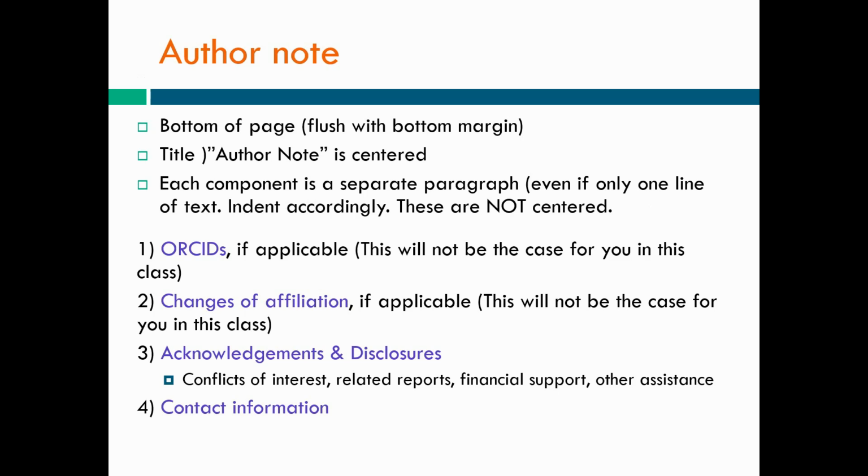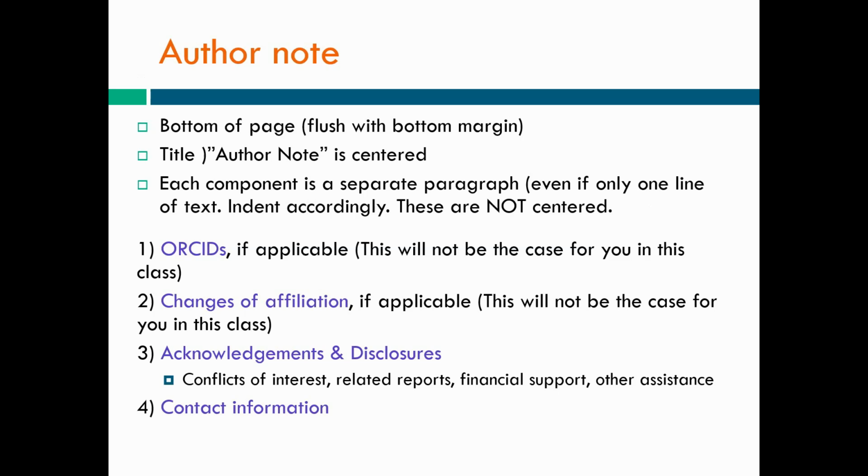All right, so the first component is what is called an ORCID. So this is not applicable, so don't worry about that. This is if you were actually publishing a real paper based on a real study. So let's go ahead and skip to the second one. Changes of affiliation, also not applicable.